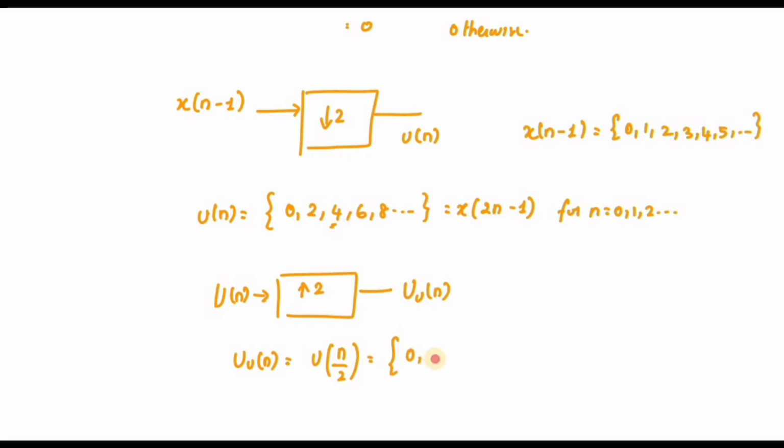It is going to add a 0 in between 2 and 4, and 4 and 6. So from this equation, I can write this as x of n minus 1 for n equal to 0, 2, 4, that is, plus or minus 2, 4, 6, and 0 otherwise.